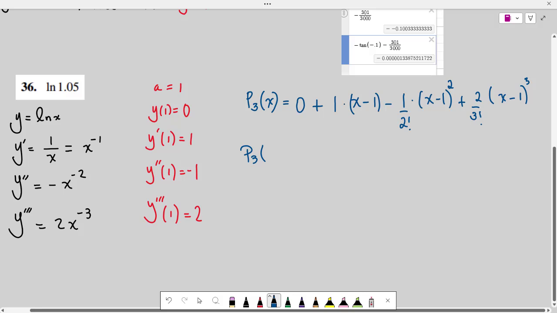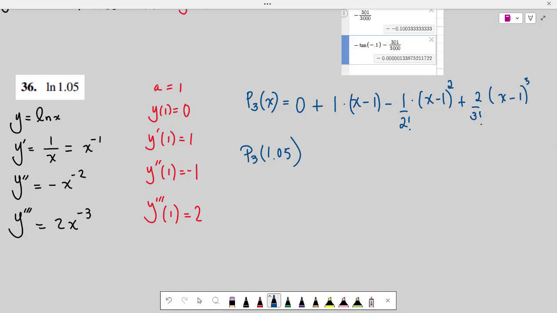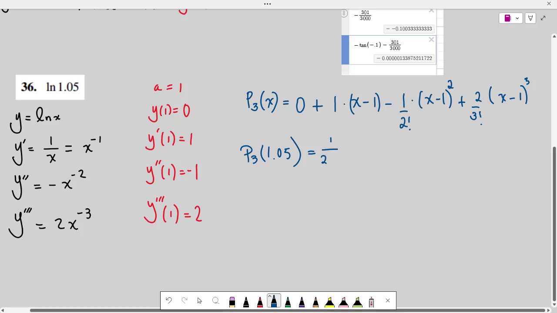So what is the x value that we're going to plug in here to get our approximation? 1.05. So here's our approximation. 1.05 minus 1 is 0.05. Let's write it as a fraction. It's a nickel, so that's a 20th of a dollar.